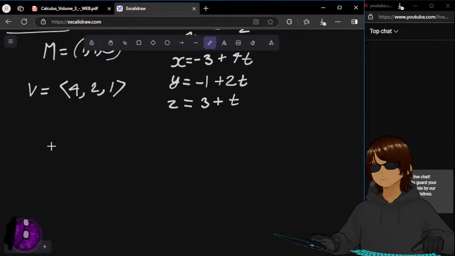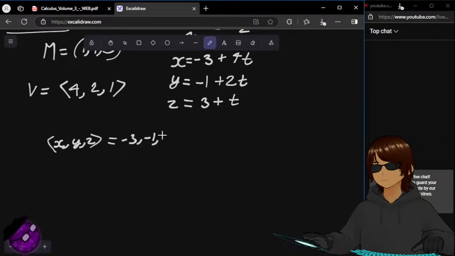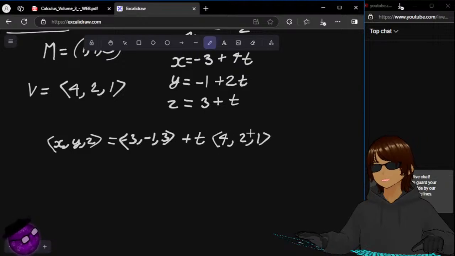So we have x, y, z is equal to a point minus 3, minus 1 and 3, plus t times 4, 2, 1. This is the directional vector and this is a random point on the line.